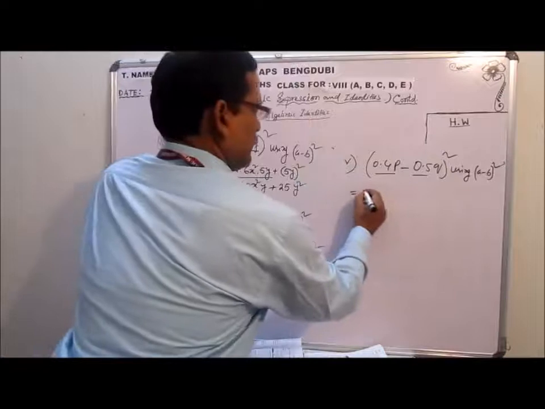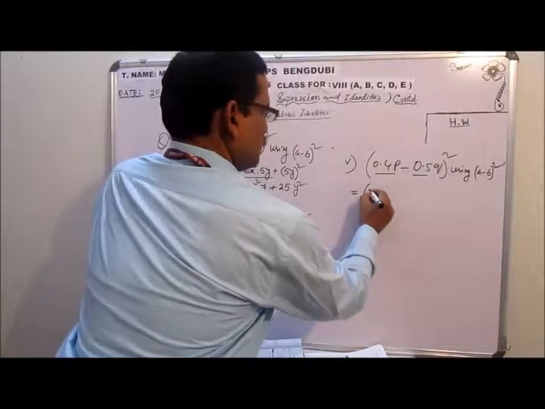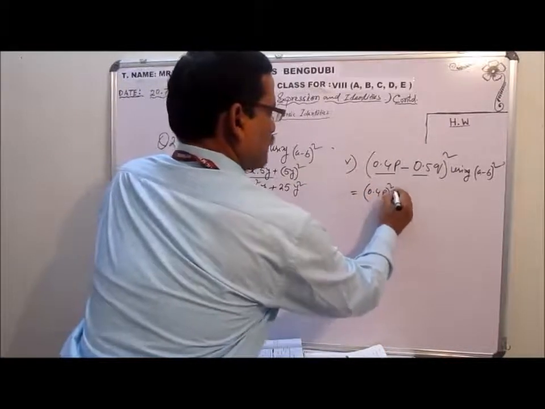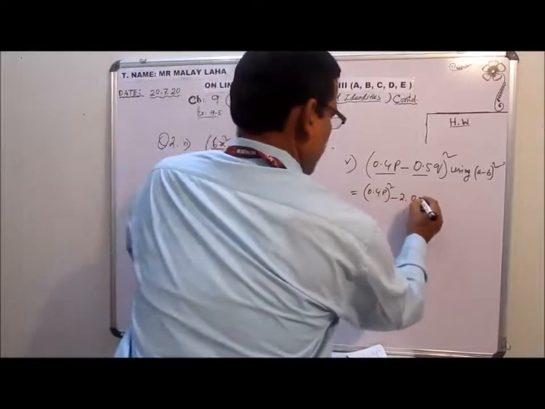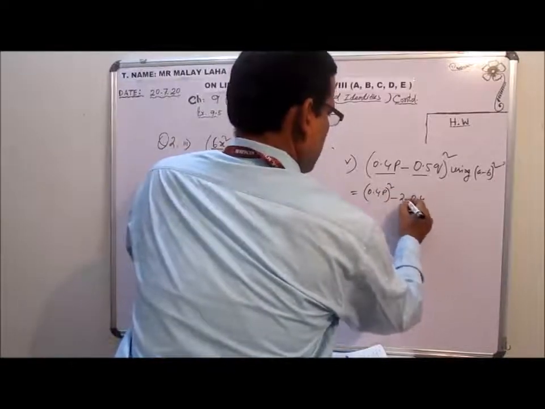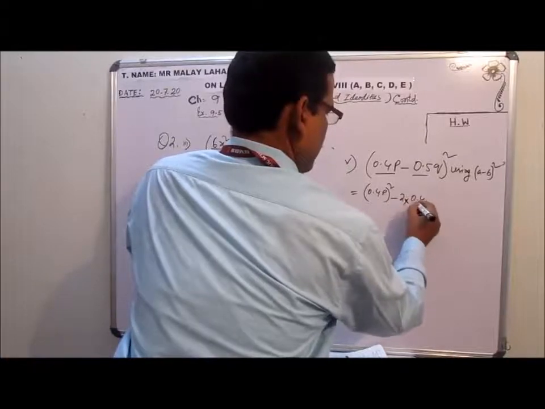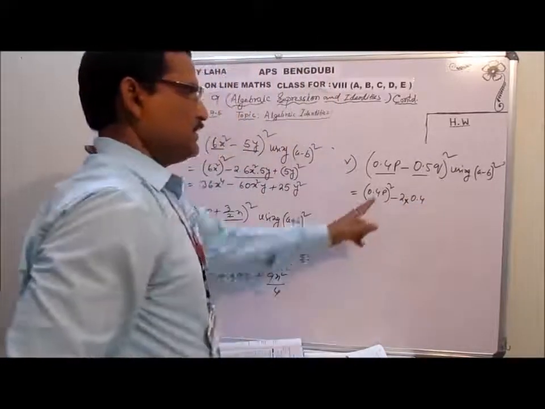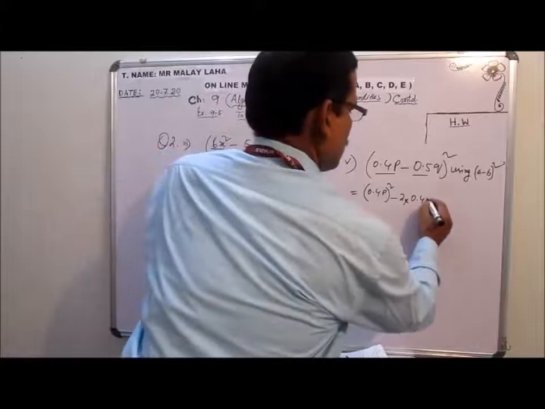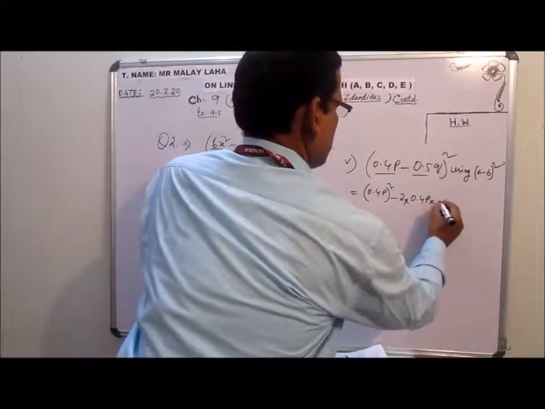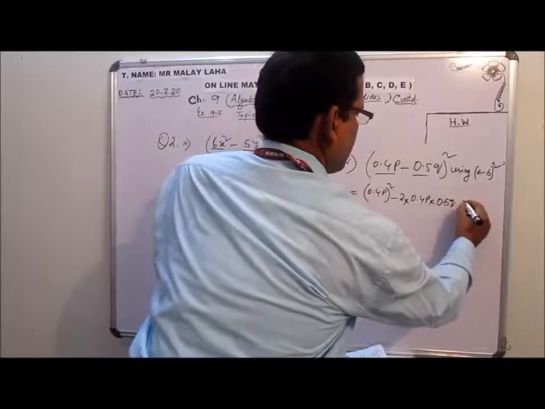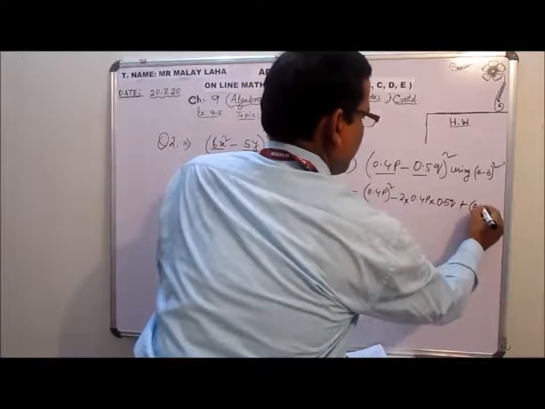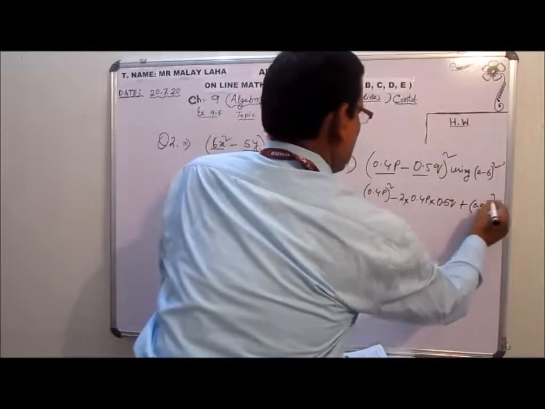So A square means (0.4 p) whole square minus twice A B, that is 0.4 p twice. This time I am giving a multiplication sign because the decimal point is there. To recognize this you have to write it this way. Plus (0.5 q) whole square.